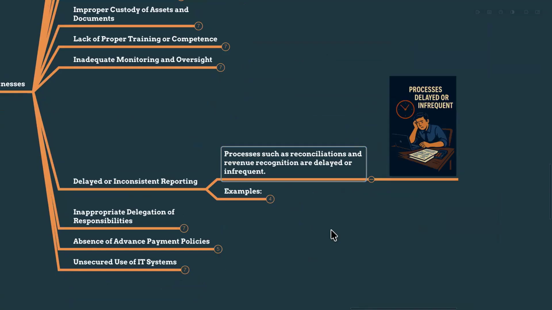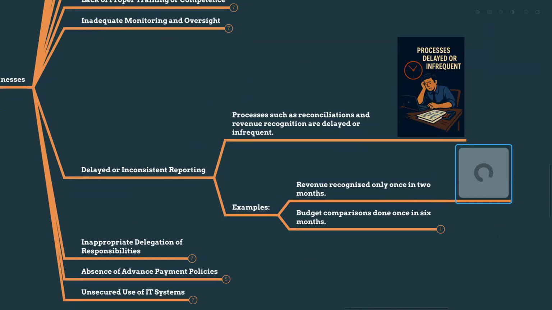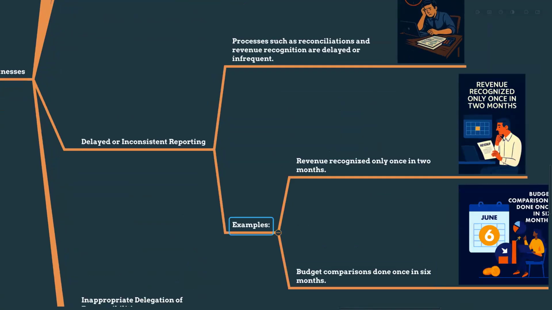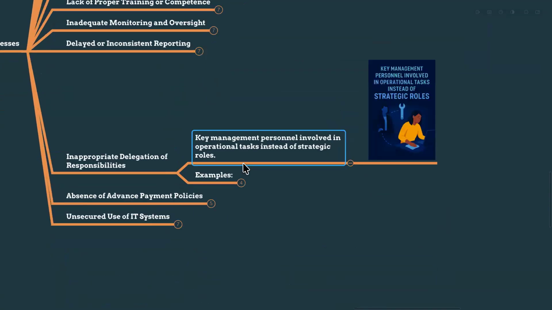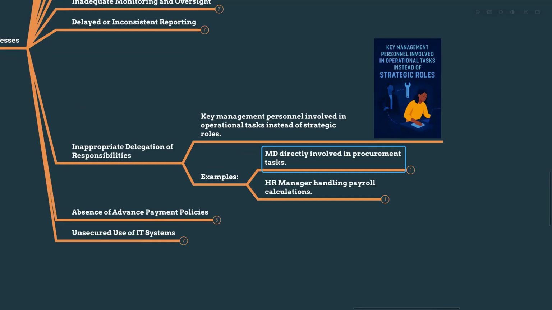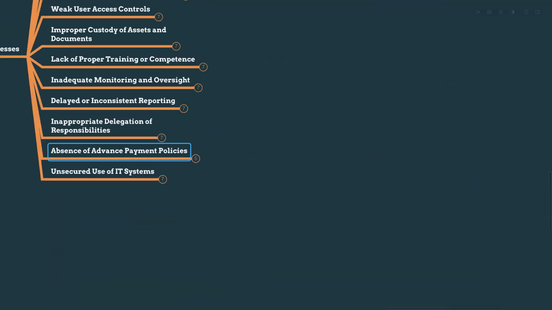If you see this kind of story, those are weaknesses, my dears. So revenue recognized only once in 2 months, budget comparison done once in 6 months, and inappropriate delegation of responsibilities. The key management personnel, the owners, the directors are involved in operational tasks. These are weaknesses. The MD is directly involved in procurement. The HR manager is handling the payroll calculations.